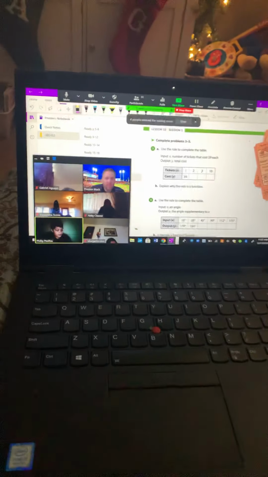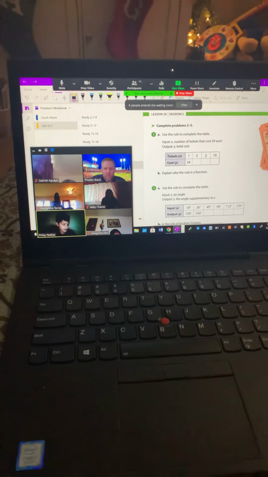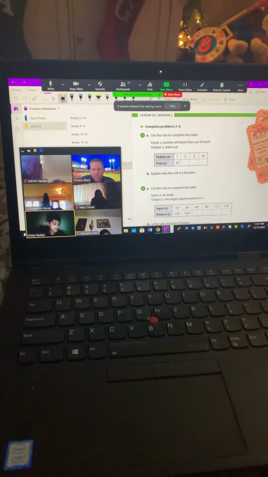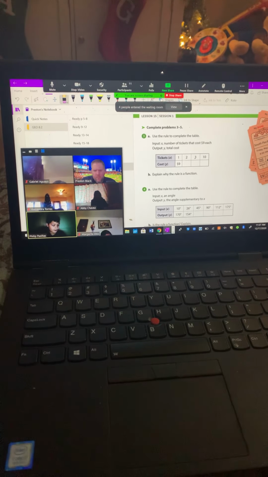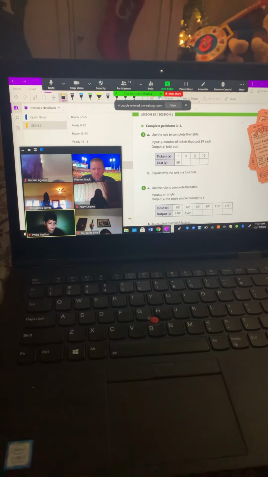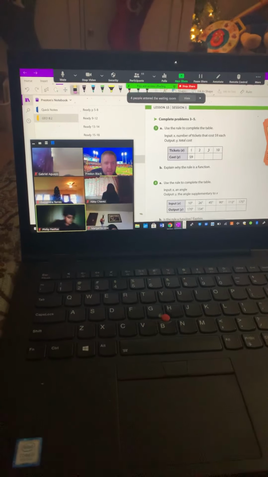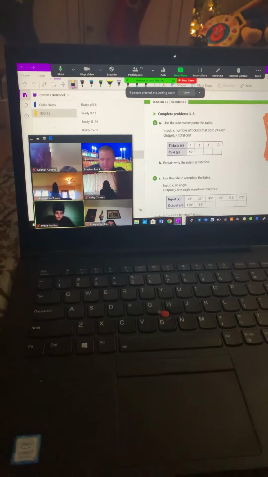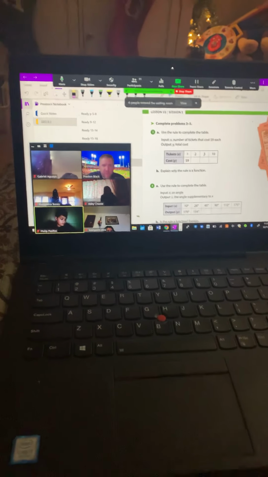Use the rule to complete the table. Input is x and an angle, and the output is y, and the angle is supplementary to x. Okay, so big words. We have not seen a table like this before. This is the first time that we are seeing it.